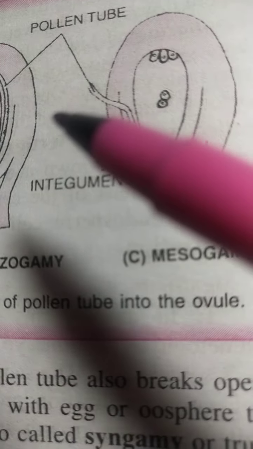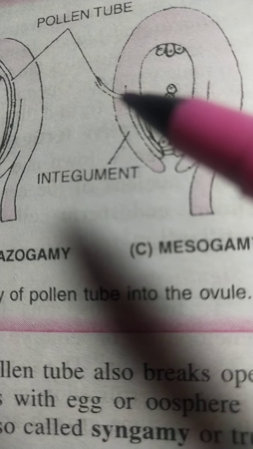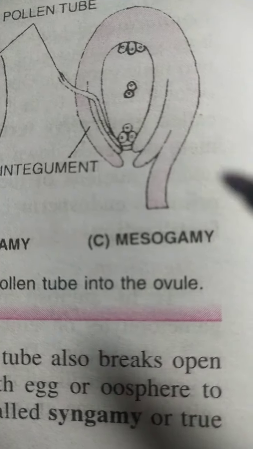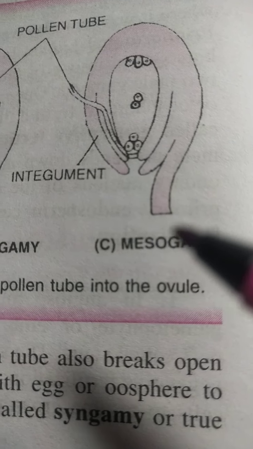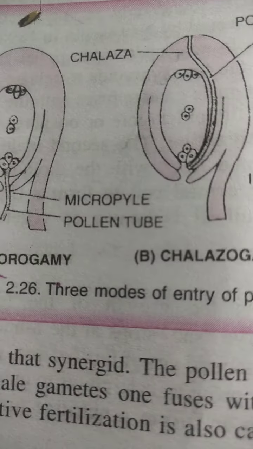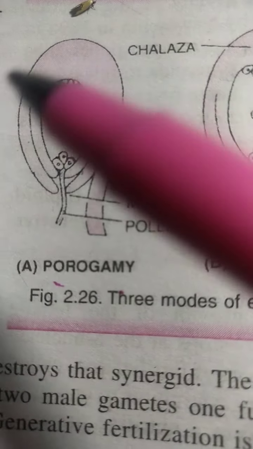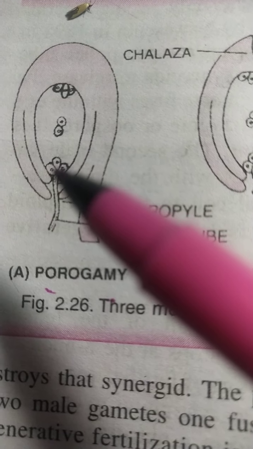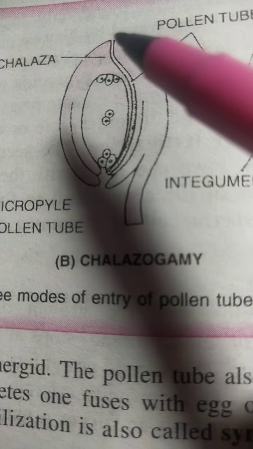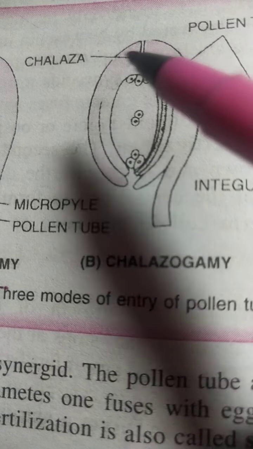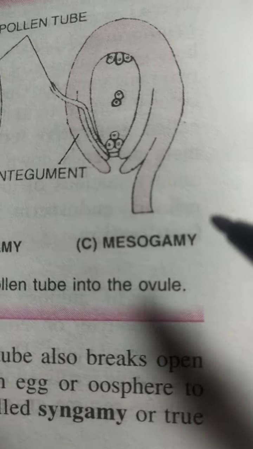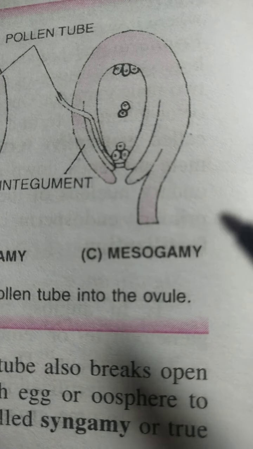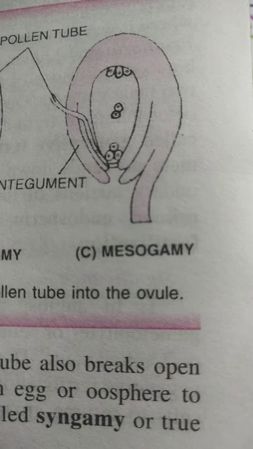And sometimes it may enter through the integument of the ovule, which is called mesogamy. So the entry of the pollen tube may be of three types.